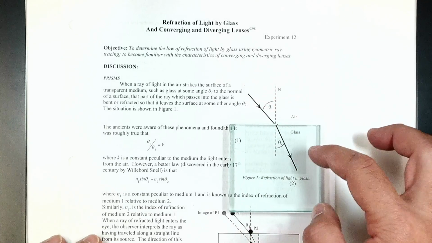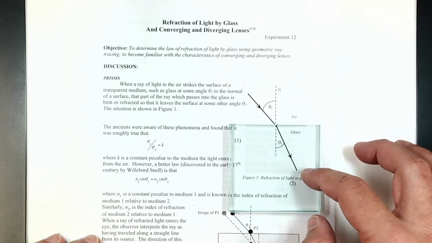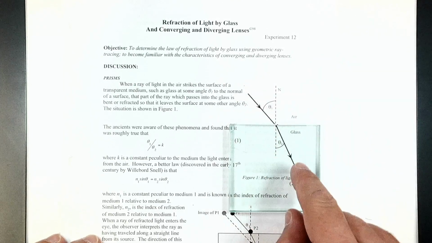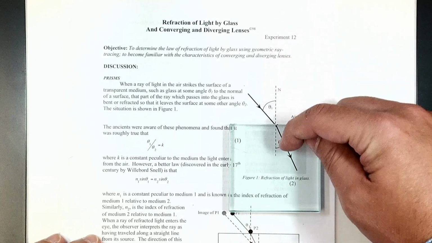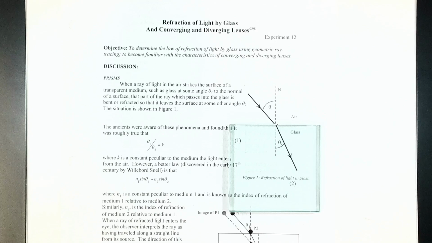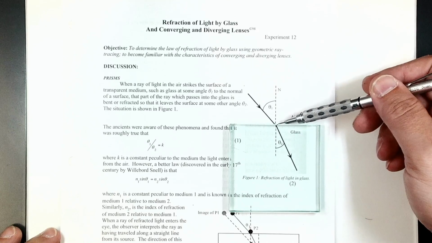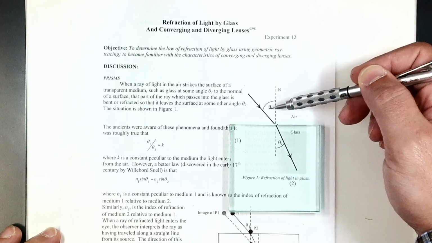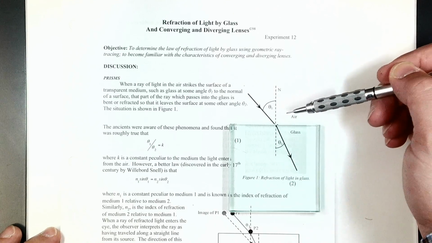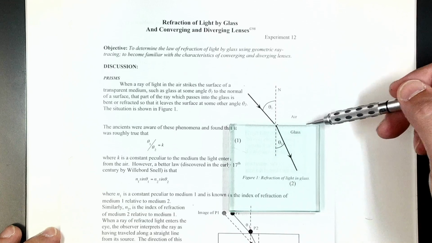In this case, because the index of refraction is higher for glass, it will bend towards what we call the normal. Notice this line that's going through the center here. That line is perpendicular to the surface, and so we measure the angle of the ray from perpendicular to the interface, as opposed to from parallel to the surface.